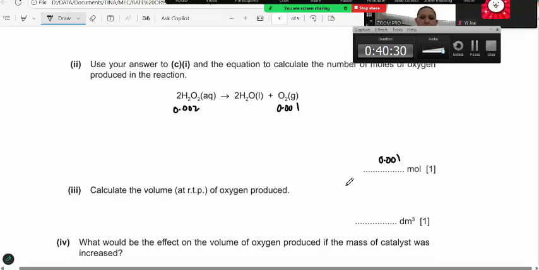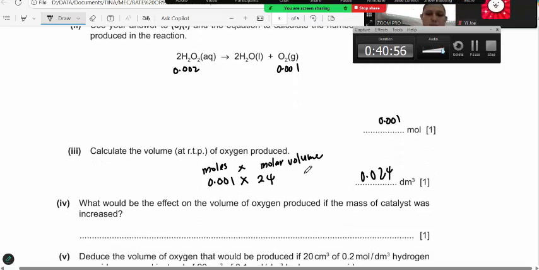And then the volume, you take 0.001, multiply by the molar volume, which is 24. No effect. No effect or no change.